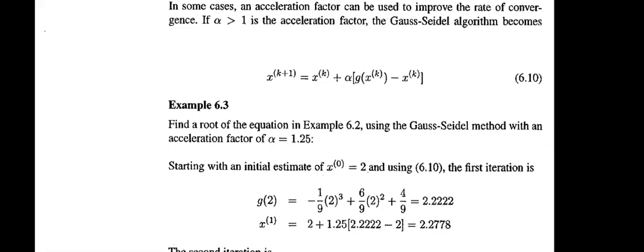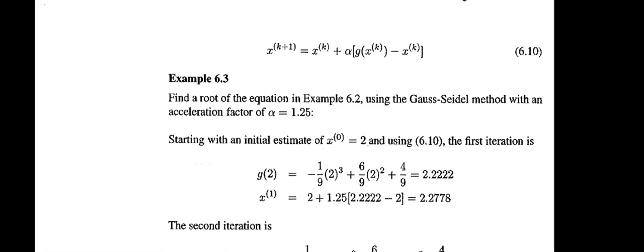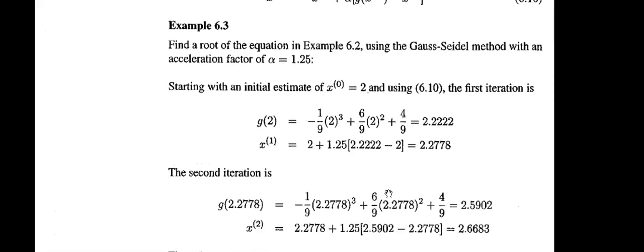How do I do the next one, sir? x2 will be like that, 2.59 and 2.27, whatever you have considered. This is the value. If it is regular, you can put that value for the next iteration. But now you have to add the acceleration factor multiplied by the difference.